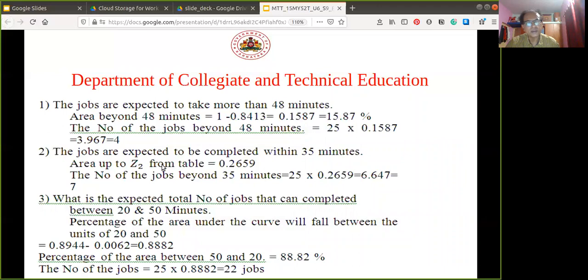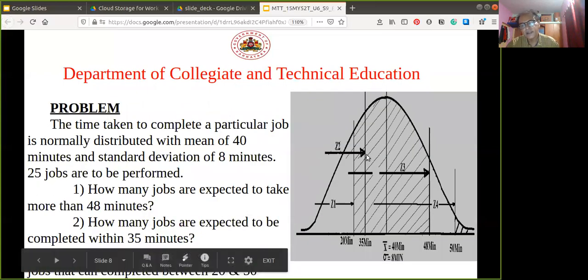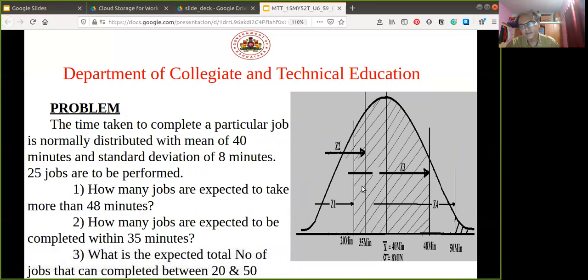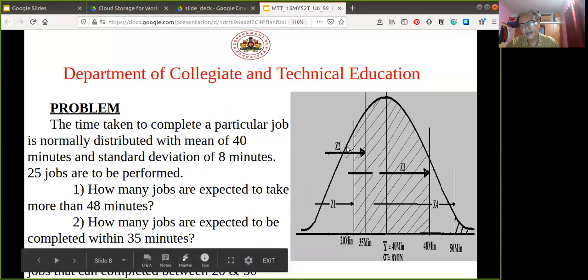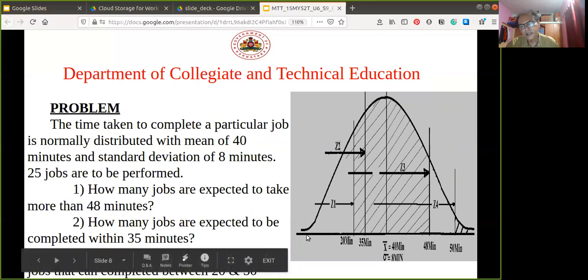Now the jobs that are expected to complete within 35 minutes. So 35 minutes is here. Within 35 minutes means this area, the area up to Z2. If I find the area up to Z2 from the table, this area will give the number of jobs that will take less than 35 minutes.